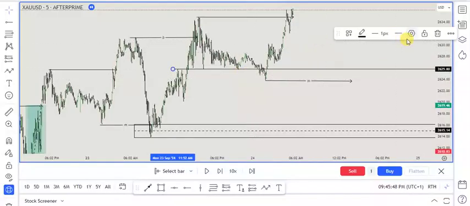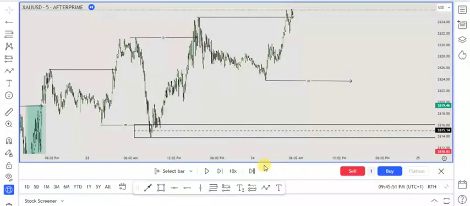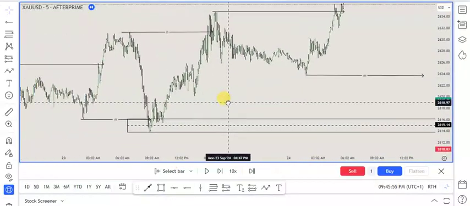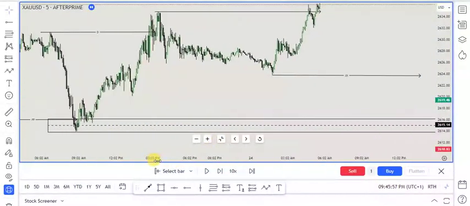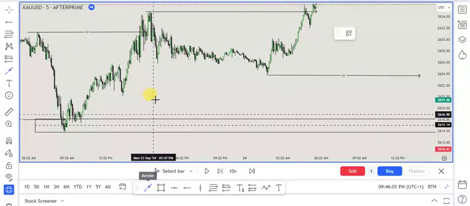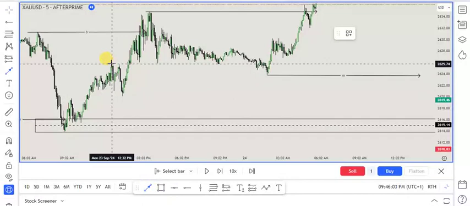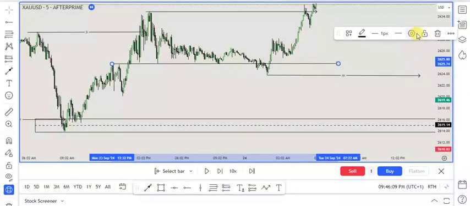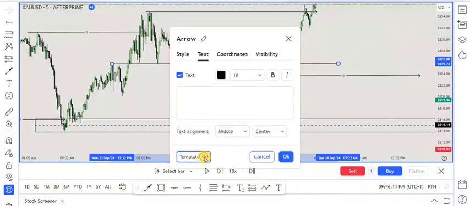Okay, let me open it so that I'll show you also the fair value gap. So this point here is the flag limit. Normally I just draw the line straight and delete flag limit.